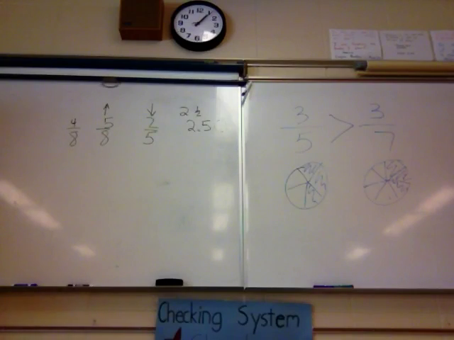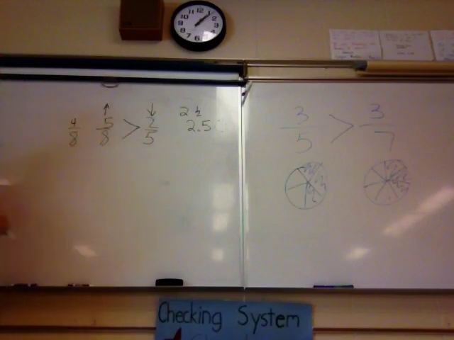They're both really close to a half, but which one's bigger because of what we figured out up here? Michaela? Five-eighths. 5/8. So 5/8 would be greater than 2/5 because 5/8 is bigger than a half. 2/5 is smaller than a half.